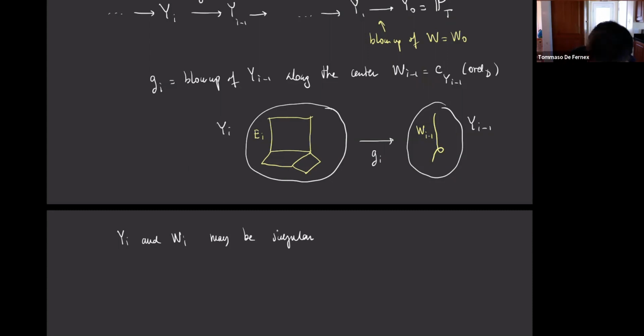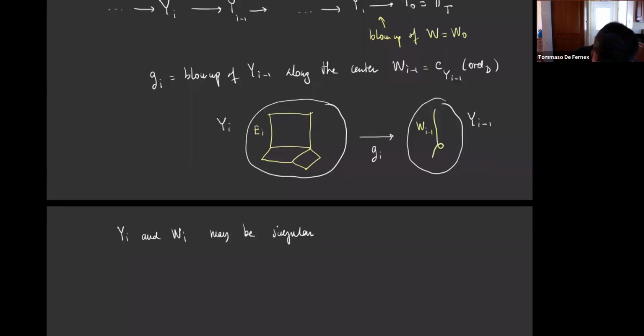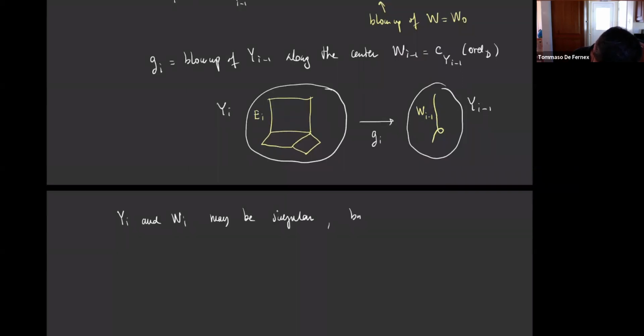But nevertheless, what you see is that w_{i-1} is generically smooth. And so y_{i-1} will be smooth at the generic point of w_{i-1}. So what you can see, let me write this, is that inductively y_{i-1} and w_{i-1} are smooth at the generic point of w_{i-1}.